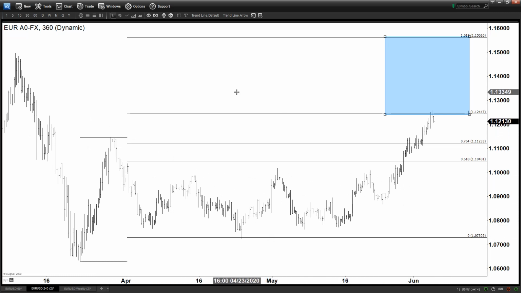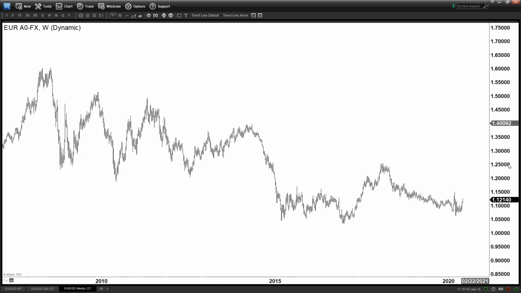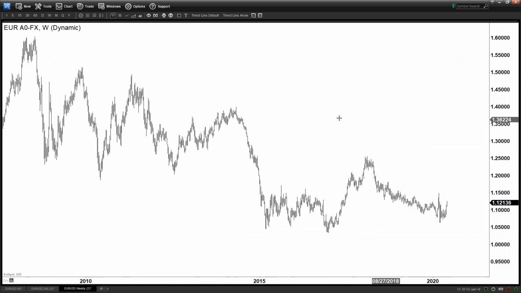There is also a possibility here, so let's take a look at the weekly also. If you take a look at the weekly here, from 2018 we got what looks to be a lower low, but we have not broken below this 2017 low just yet, and it is important for the euro dollars to hold below this trend line on the way up.